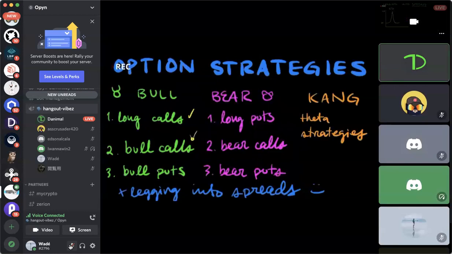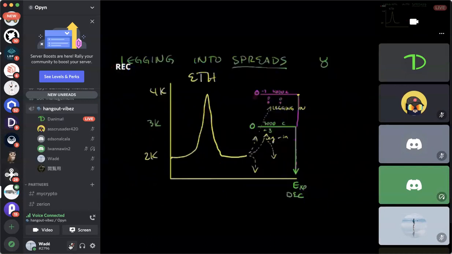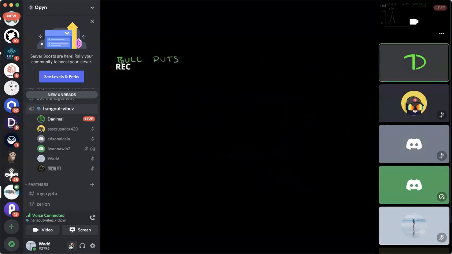All right, we did bull calls. And then next, let's talk about bull puts. All right, so this is a bull put spread. Looks like my screen is not syncing. There it goes.